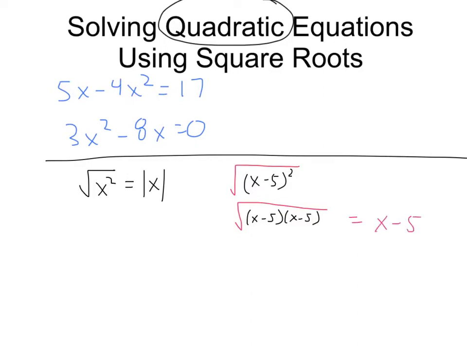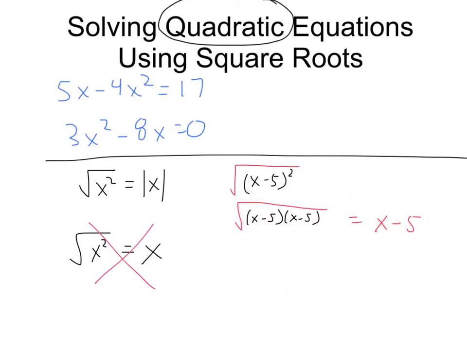But actually, we're going to run into the same problem that we ran into with the x squared situation. The square root of x squared is not equal to x, because this does not work when we have a negative value for x. The same thing is going to happen here. This is not true if x minus 5 is negative.